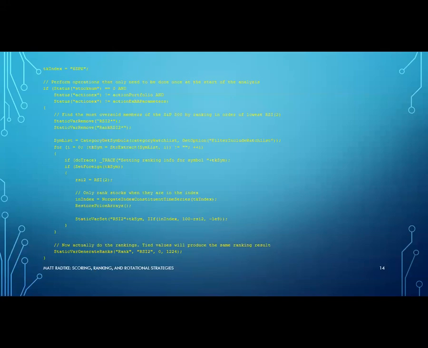When we tell AmiBroker static var generate ranks with rank and RSI2, then when we go to retrieve our value with a static var get, we're going to use rank RSI2 and the symbol name, which is what the name function returns, right?